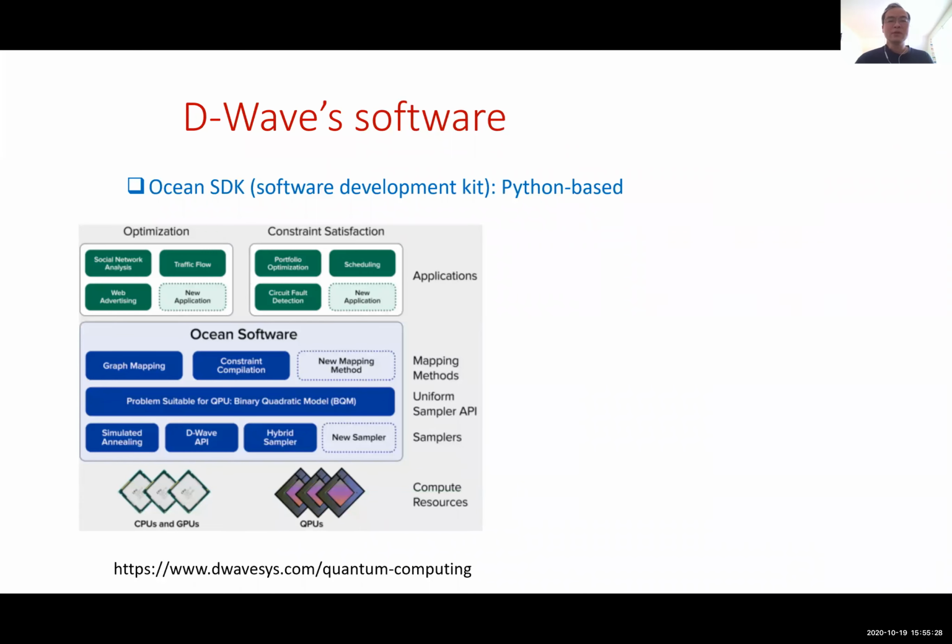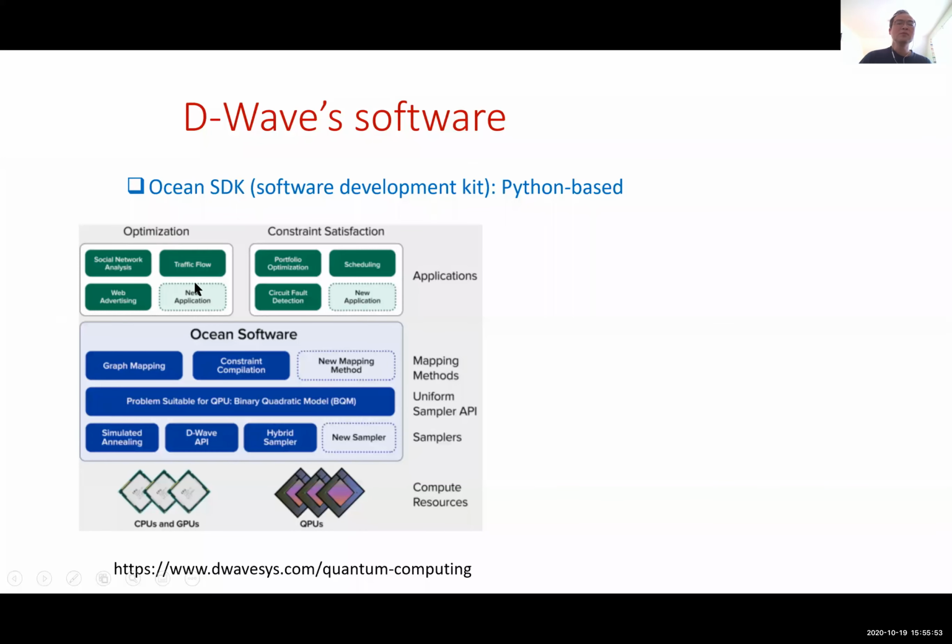They also have their own software called the Ocean Software Development Kit, which is also Python based. This is their software part that interacts with what they call the quantum processing unit, their QPU. It can also interact with a classical computer so that you have some hybrid way of controlling that.